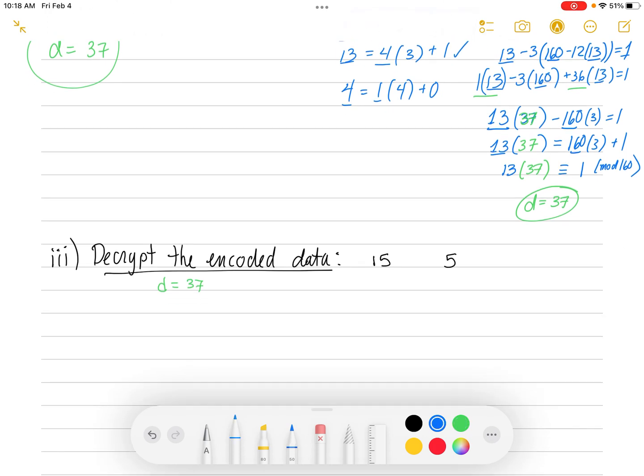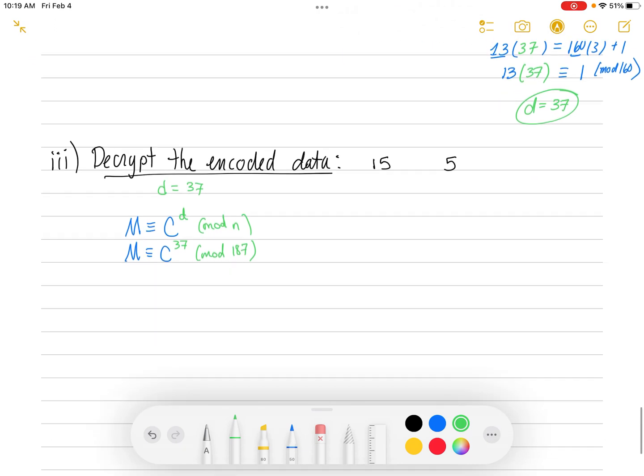That's the one the host always has. So the function for decryption is the message is congruent to the code to the dth power mod n. So in our case, it's going to be the message is congruent to the code to the 37th power mod n. What was n? It was 187.